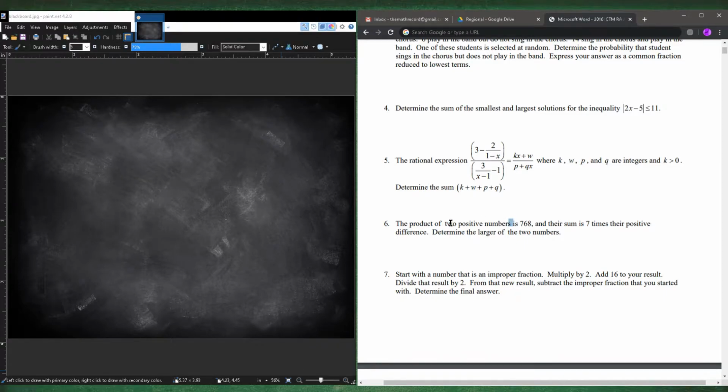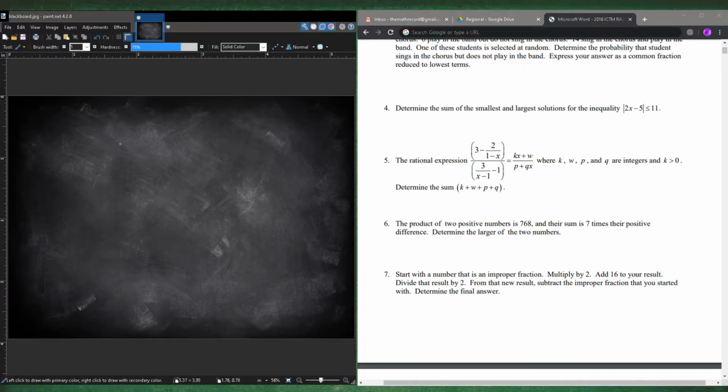Number 5, the rational expression (3 minus 2 over 1 minus x) divided by (3 over x minus 1 minus 1) is equal to (kx plus w) over (p plus qx), where all these are integers and k is positive. Determine the sum of those coefficients. So we have to combine, let's work on the numerator first.